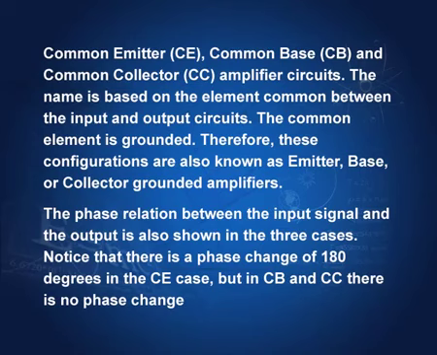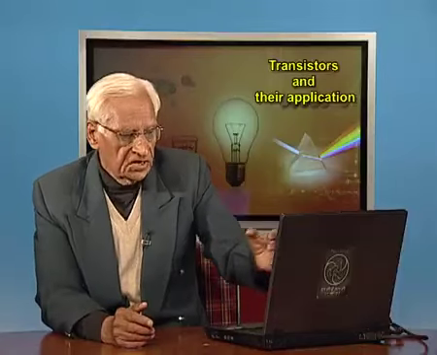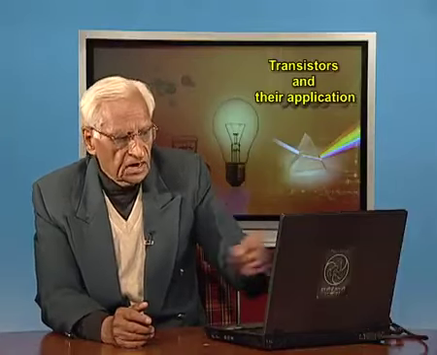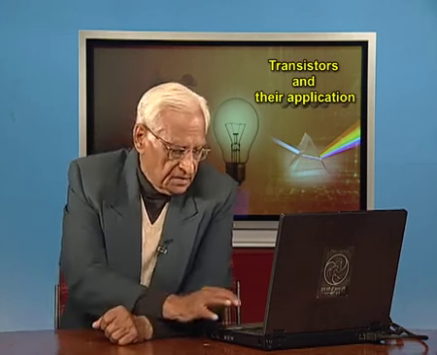So here the phase of the input and output is the same, and here the output is in a phase opposite to that of the input. This common emitter is actually more often used as an amplifier than these two. These two have their utilities and we shall see what they can do, but most of the time the common emitter amplifier is used as an amplifier.